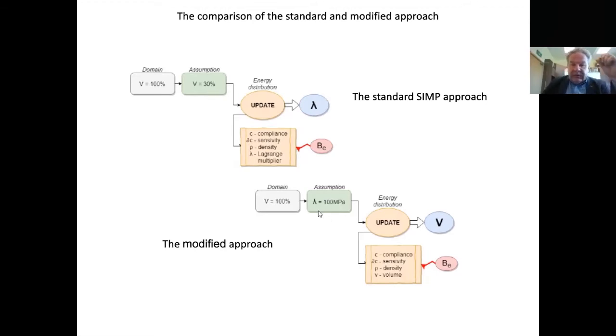Now our assumption is the Lagrange multiplier, and we say the Lagrange multiplier has to be constant, like it is in nature, in this process of bone modeling, and then we will obtain the volume. But the volume is not assumed. The volume will result from the process of optimization.